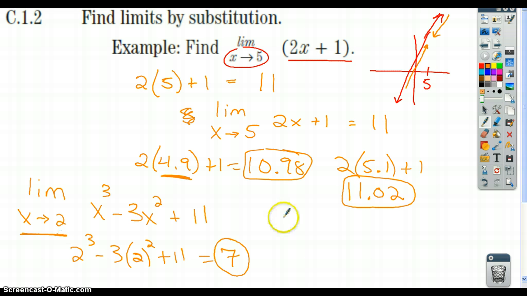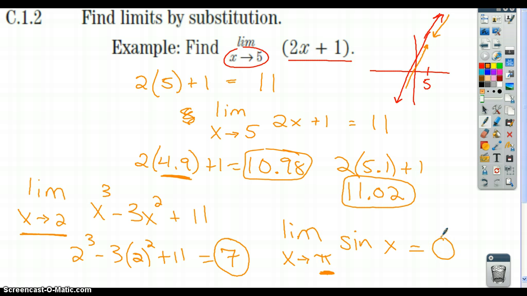The same holds true for trig functions. So take the limit as x approaches pi of sine of x. We substitute pi, and the sine of pi is 0.